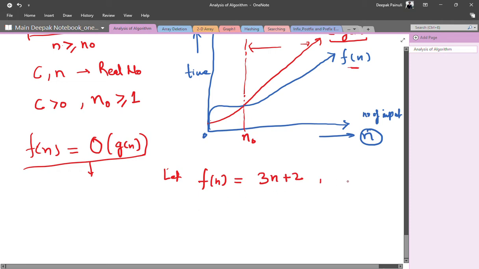And let us assume another function which we are going to use for upper bounding this function, gn equals n.